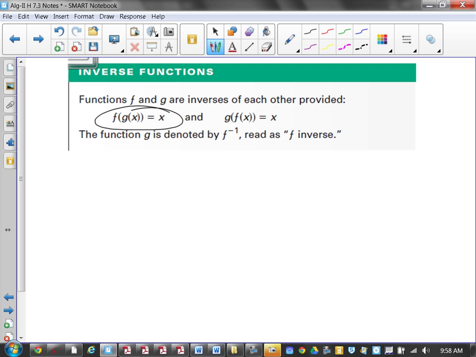If I wanted to verify that two equations are inverses of one another, I would do the following. Say f of x.